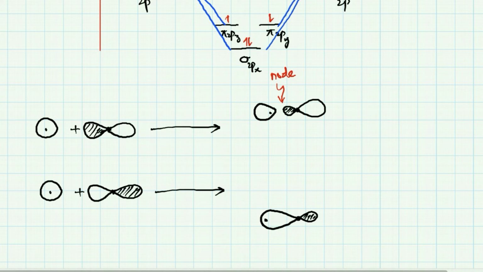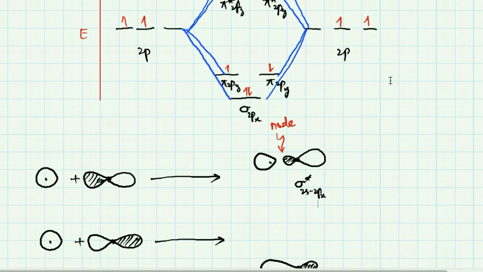So this one, because this is also end-on approach or head-on approach, will be giving rise to sigma 2s 2px, and this is sigma star 2s 2px. So this will be higher in energy and this one lower in energy. The electrons will be going first towards this bonding molecular orbital and then towards this anti-bonding molecular orbital.